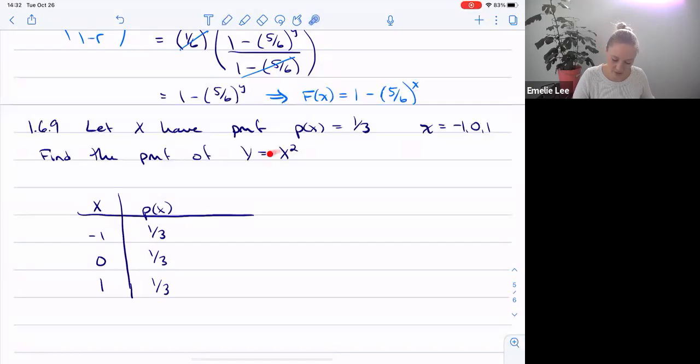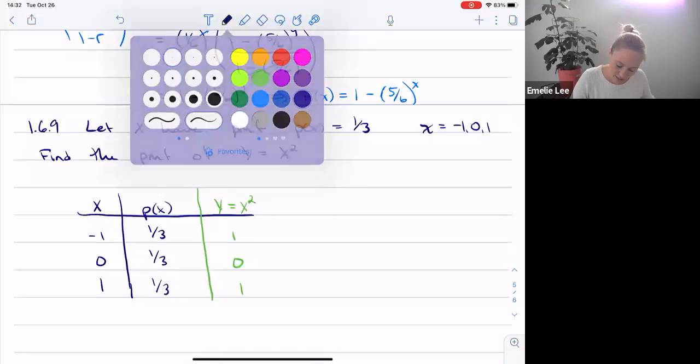So now I want to look at Y equals X squared, and I want to find the probability associated, but first I have to find the different values of Y. If Y is X squared, -1 squared is 1, 0 squared is 0, and 1 squared is 1. Notice that we only have 2 values of Y now. And so the probabilities stay the same here, 1 over 3, 1 over 3, 1 over 3.